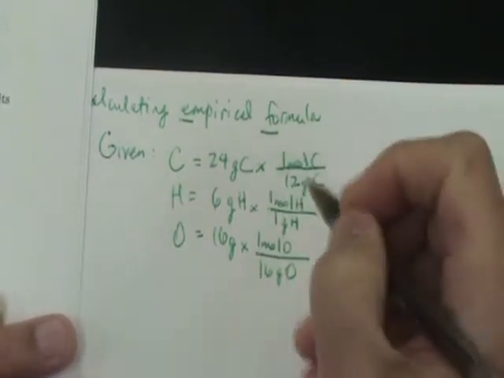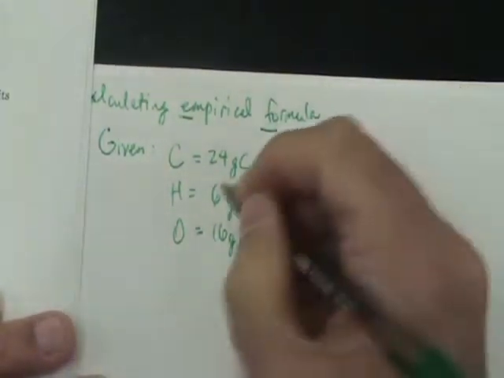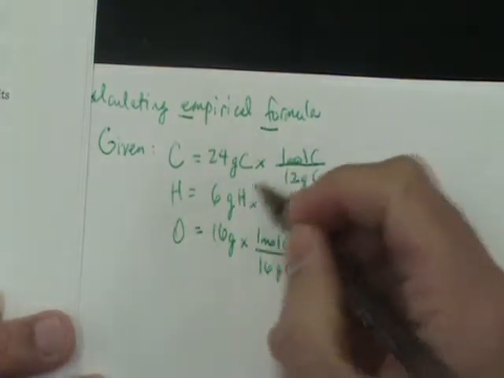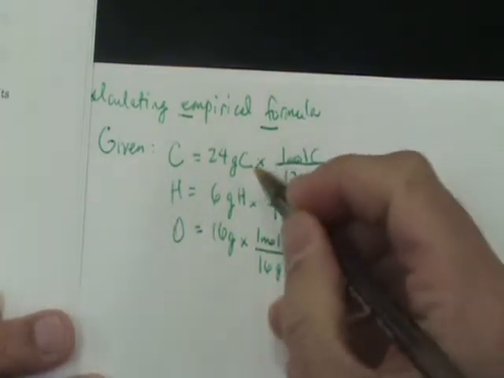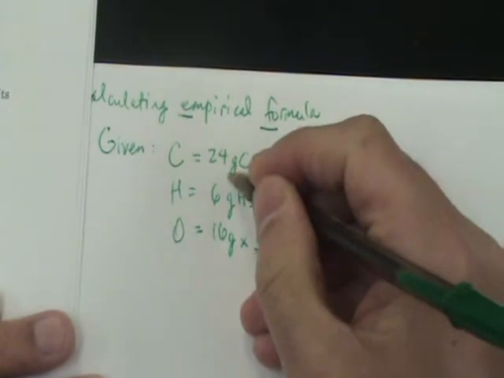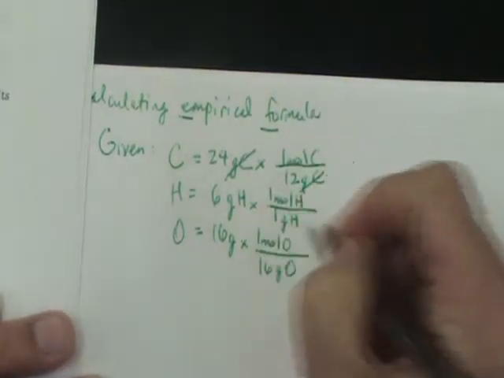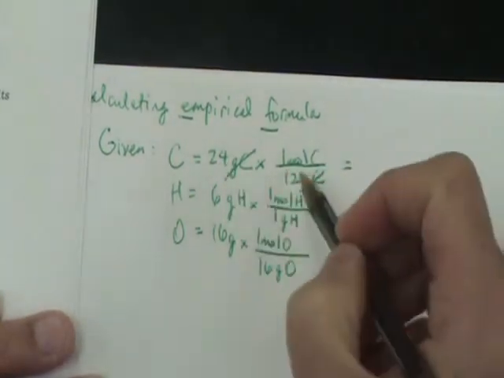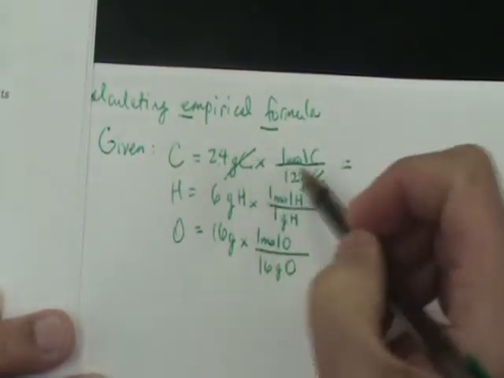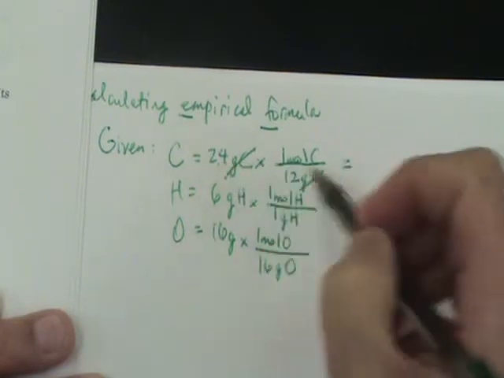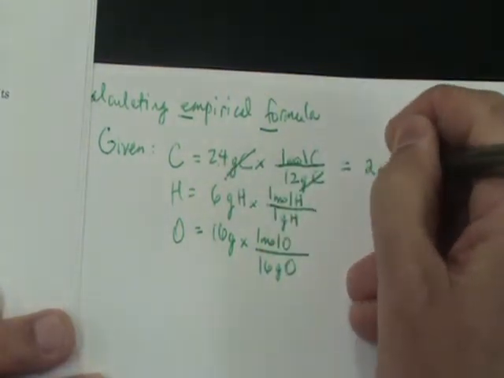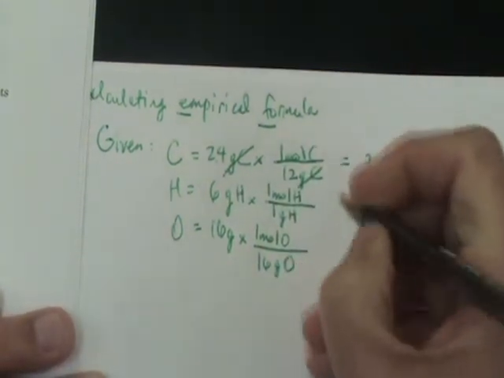Okay, so same thing that we did in the previous videos. We're just going to convert now from grams to moles. So our unit, grams, cancels for carbon. That's 24 times 1 divided by 12, which is essentially 24 divided by 12. That gives you 2 moles of carbon.